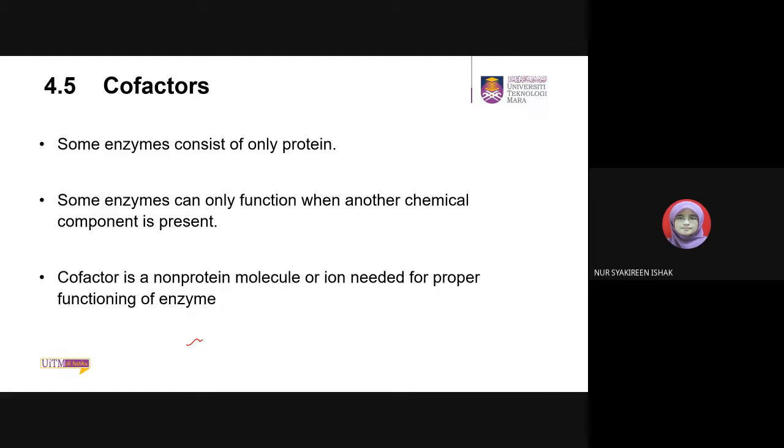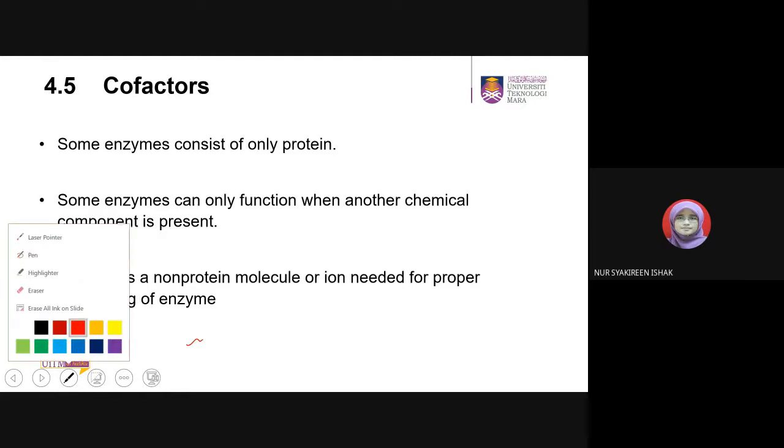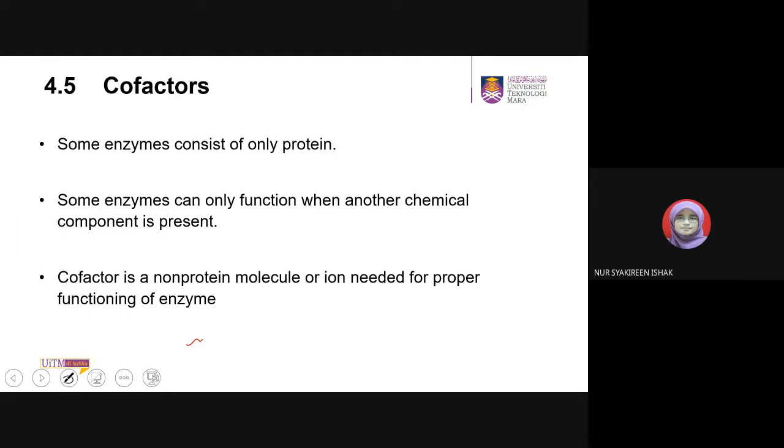We are going to look at subtopic 4.5, which is on cofactors. So it says here some enzymes consist of only protein. You know that enzymes are globular proteins, so they are made up of amino acids. But some enzymes can only function when another chemical component is present. This other chemical component is a non-protein part of the enzyme.